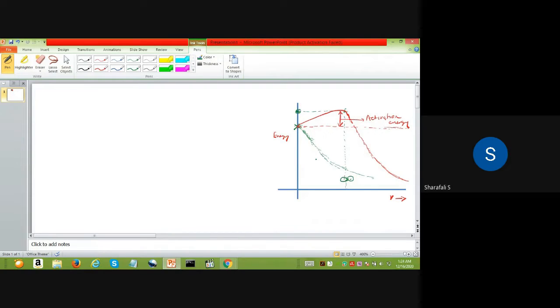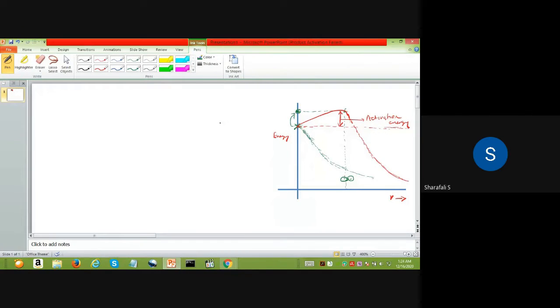So they decay spontaneously. Otherwise, we have to give some energy to make it excited to this level. Okay, then it will overcome that activation energy or potential barrier, and that will decay through the nuclear fission process. So that we discussed in the last class.